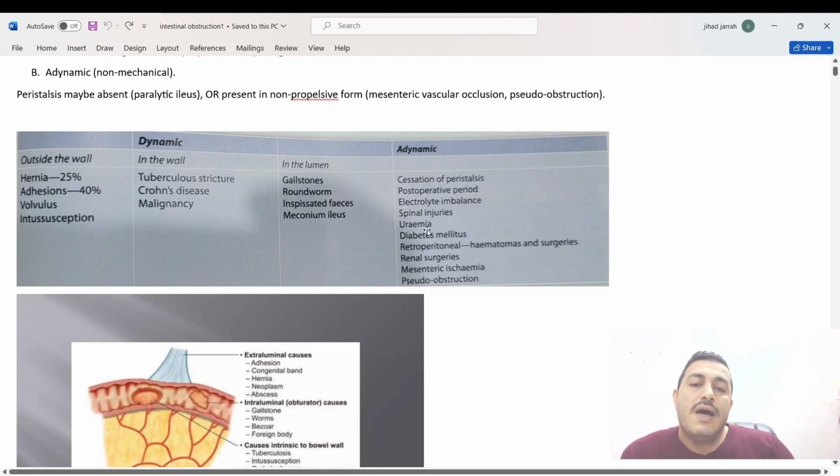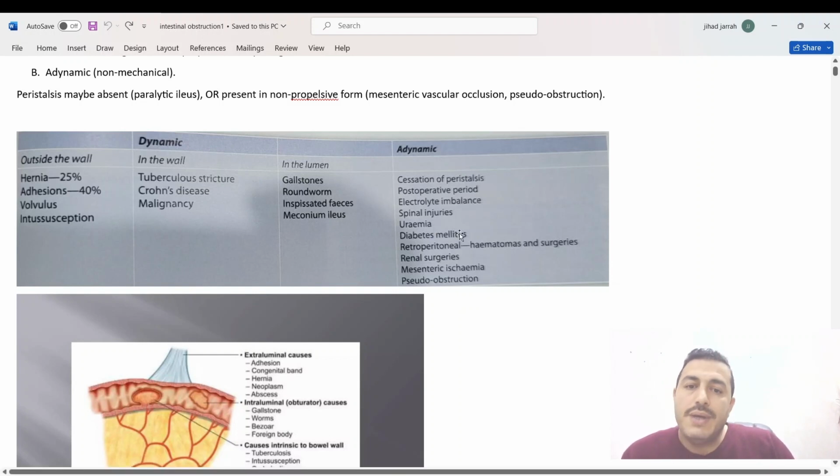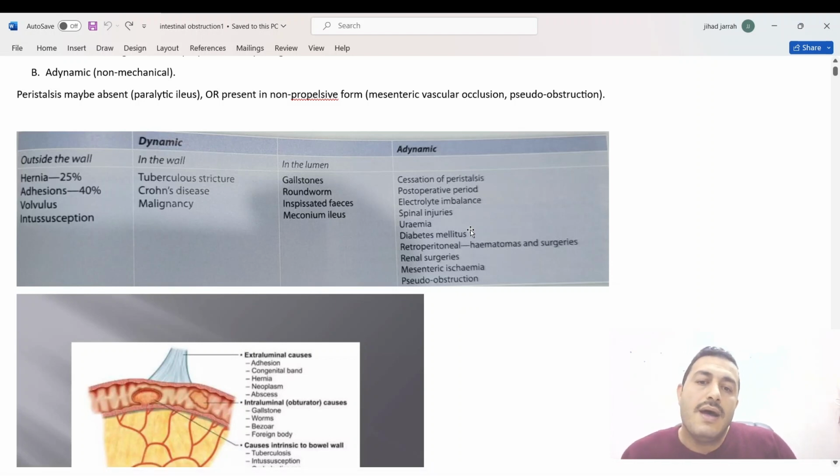Spinal injuries, uremia, which leads mainly to an entity called spastic ileus. Spastic ileus is extreme contraction and then fatigue, then hyperactive peristalsis, and finally an aperistaltic period, uremia. Diabetes mellitus, for example, we know diabetic gastropathy, delays the transition of food.